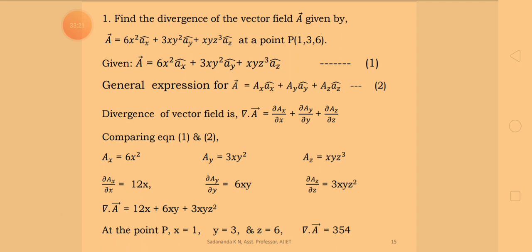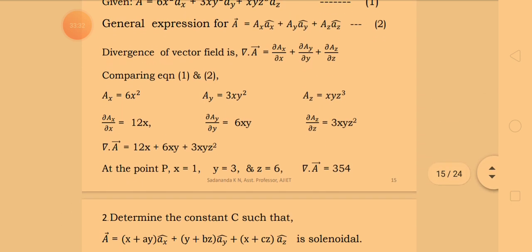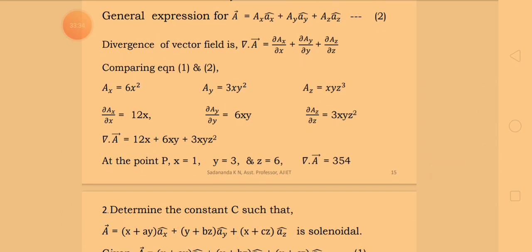Dou by dou z of xyz cube is 3xyz square. Now the divergence of vector A is equal to 12x plus 6xy plus 3xyz square. So this is the expression for divergence.